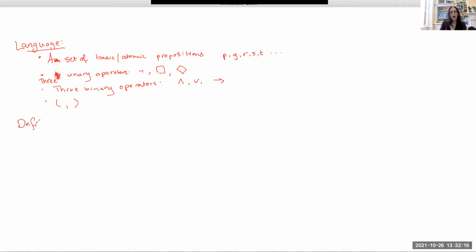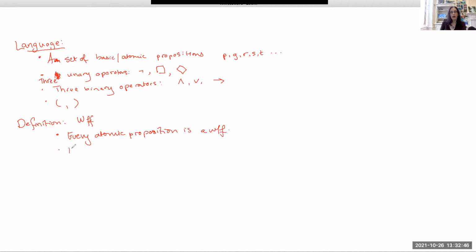And then we also have the definition of well-formed formula, or wff, in this modal language. And it's going to be defined in the same recursive way that we defined well-formed formulas in propositional logic, just with the addition of these two new unary operators. So we know that every atomic proposition is a well-formed formula.